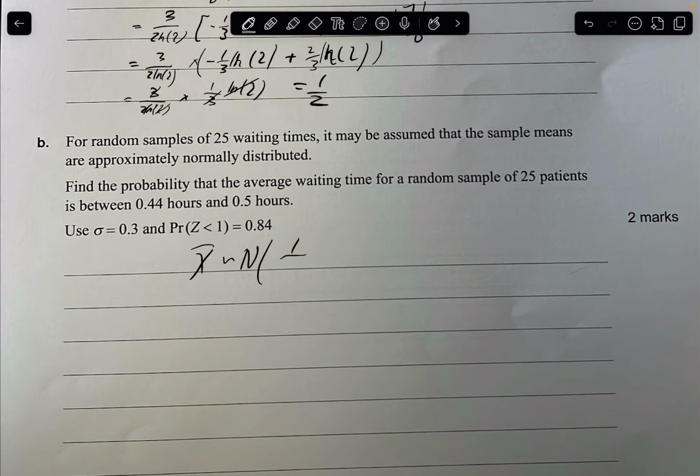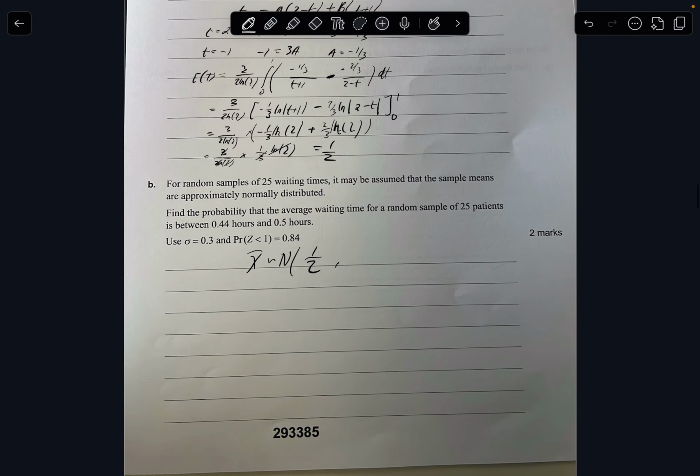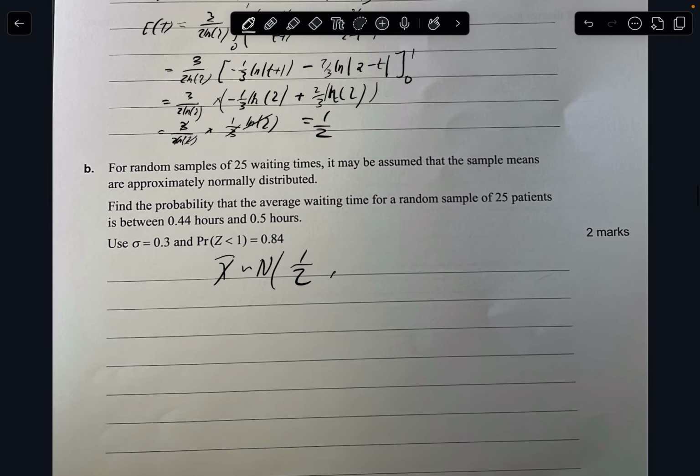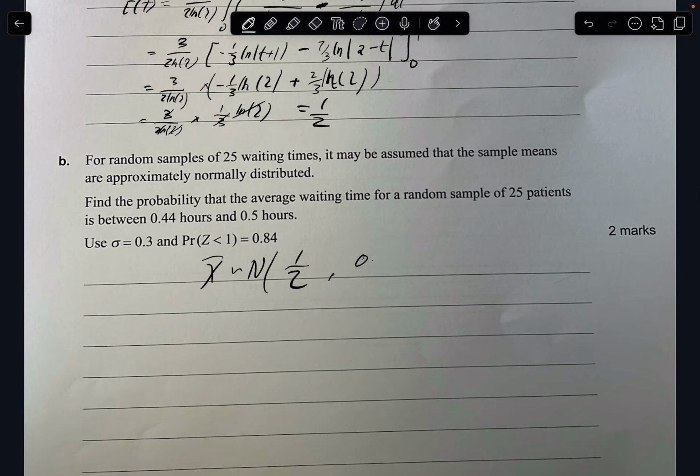So the mean waiting time should be the same. And then the standard deviation would be, they said use 0.3 divided by 5. So that will be 3 on 10 times 1 on 5, which is 3 on 50.